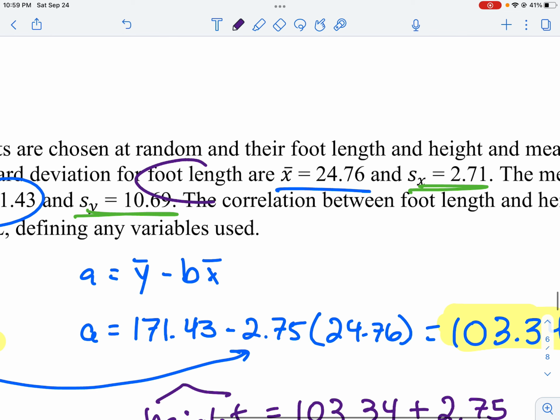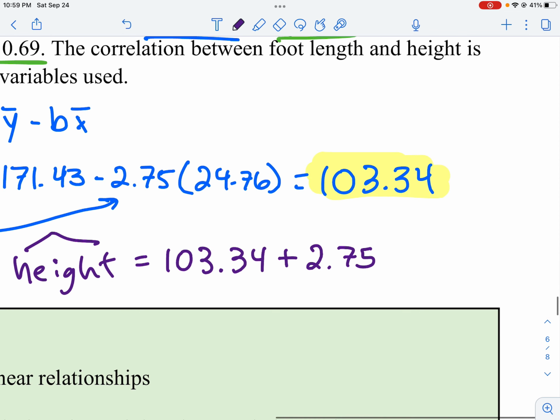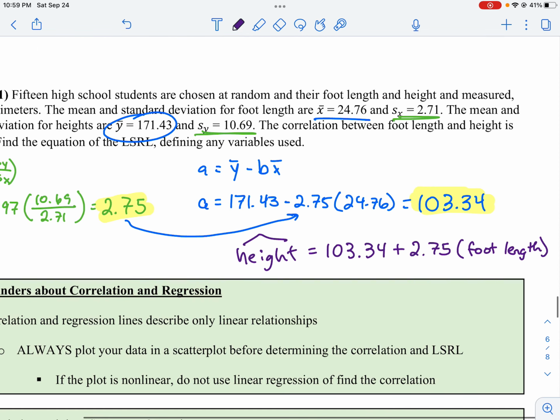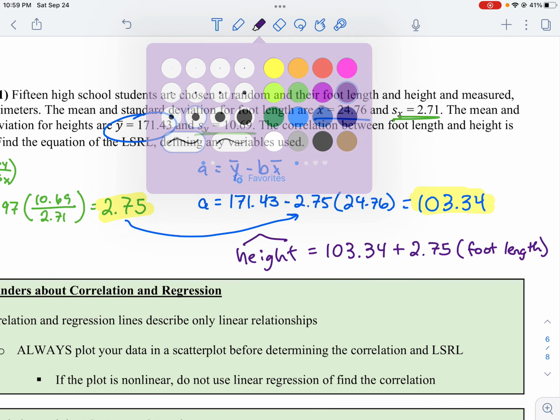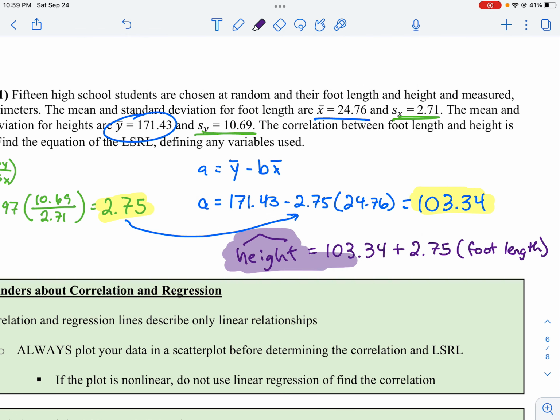And x was their foot length. And so there's our final answer.